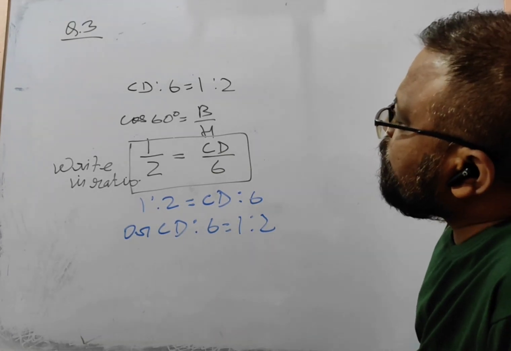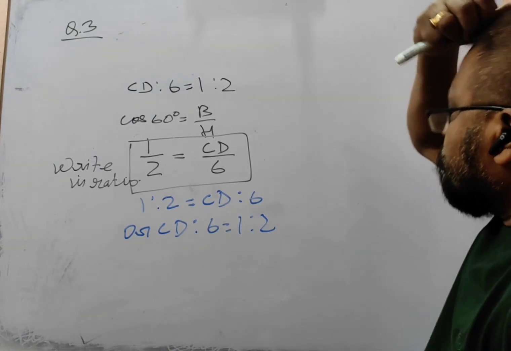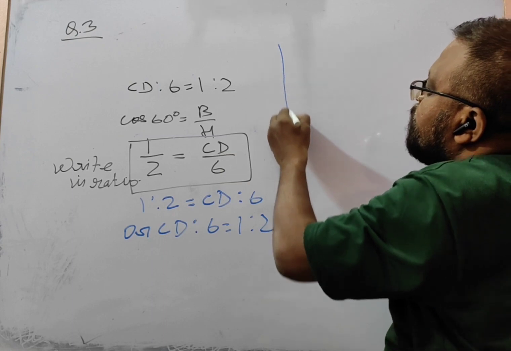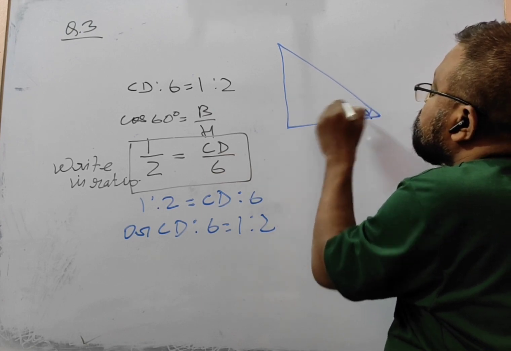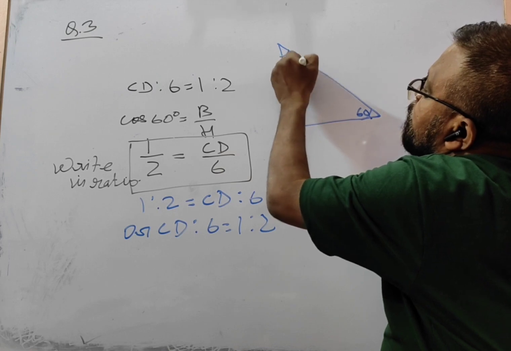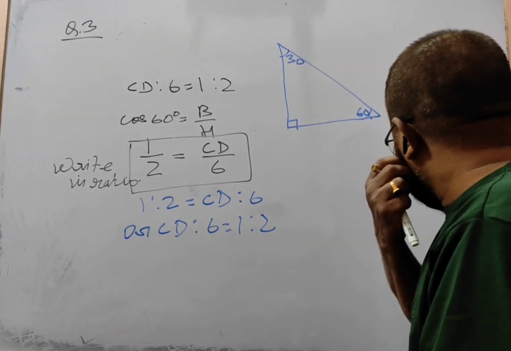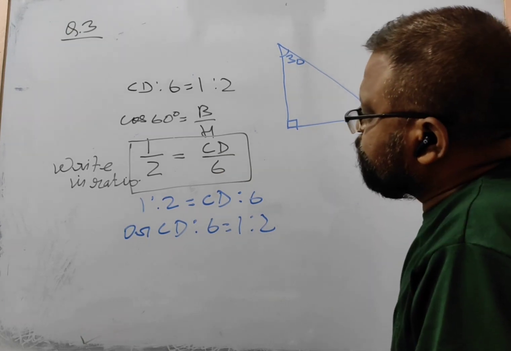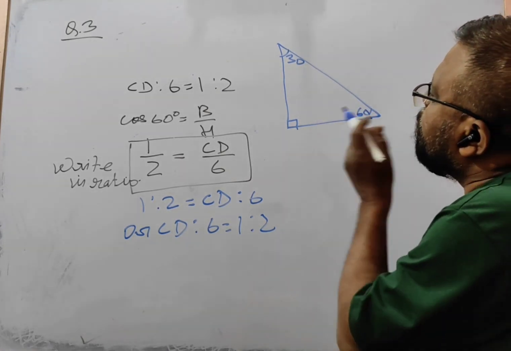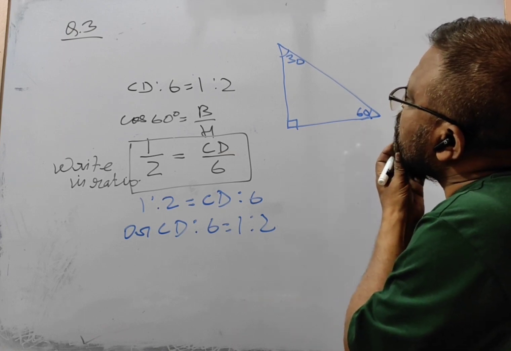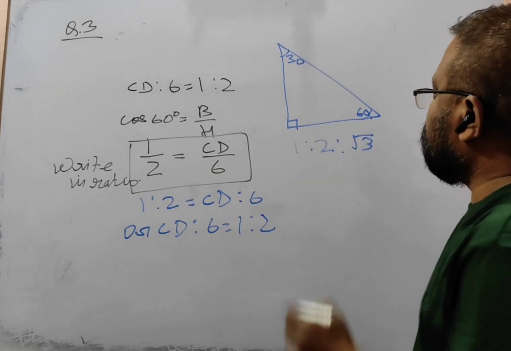When one side is known, we use this formula only. There is a ratio given: if this is a triangle with this 60 degree, this 90 degree and this 30 degree, then the ratio is 1 is to root 3 is to 2.